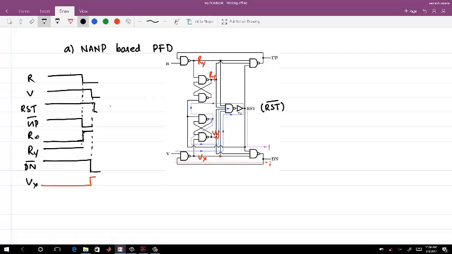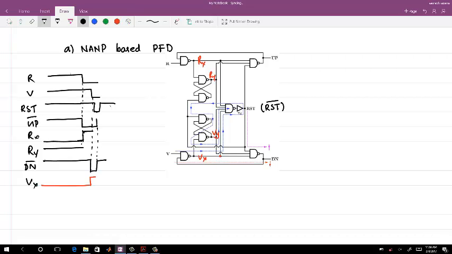Okay. And as soon as the reset goes low, your down bar and up bar again become high after some delay. And then your reset signal will also become high again.